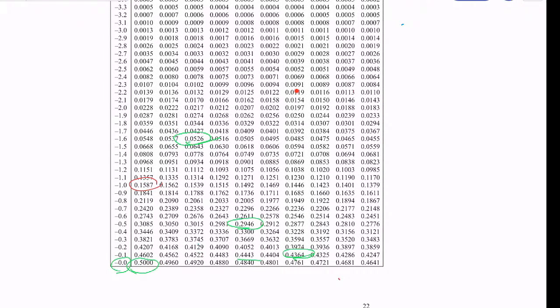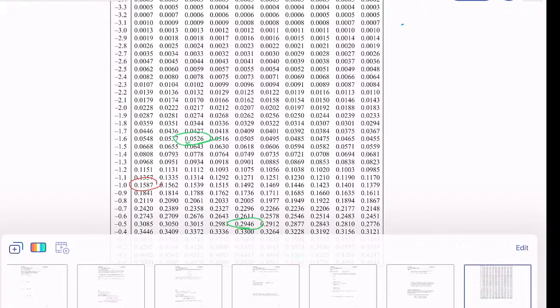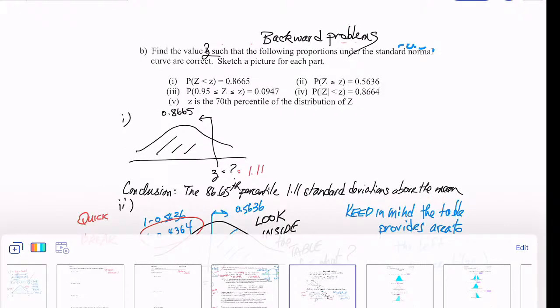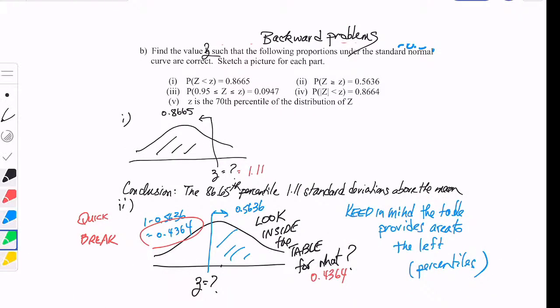So that means that we must be 0.16 standard deviations below. Let me write this again so it's clearer. Okay, so it's 0.16 below, or negative 0.16, so that this area is 43%.